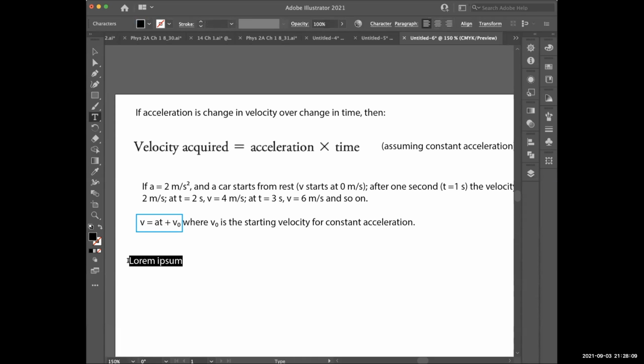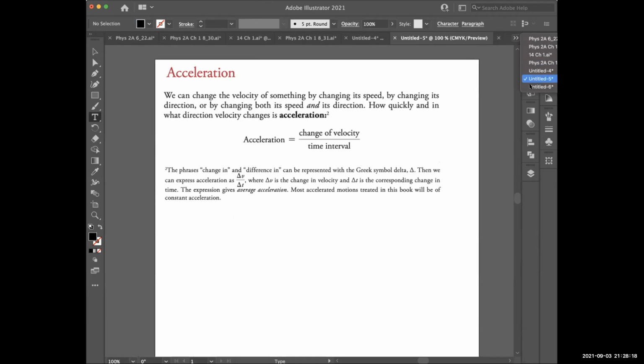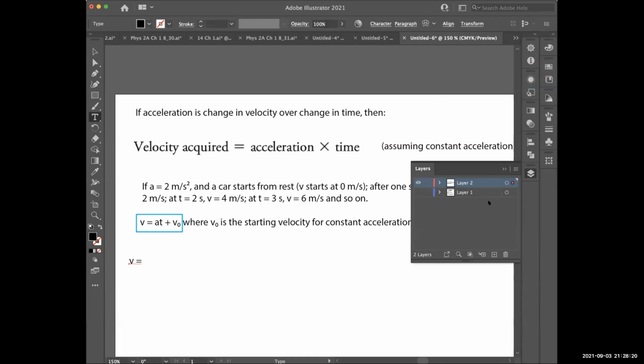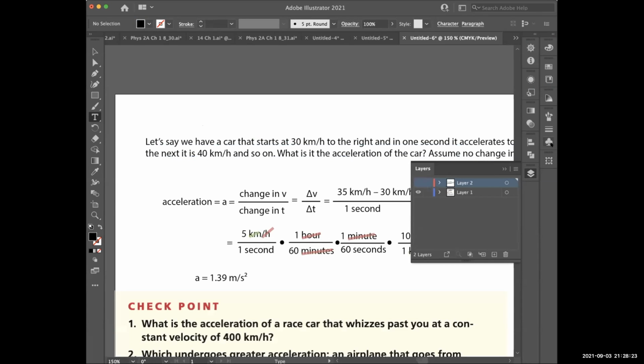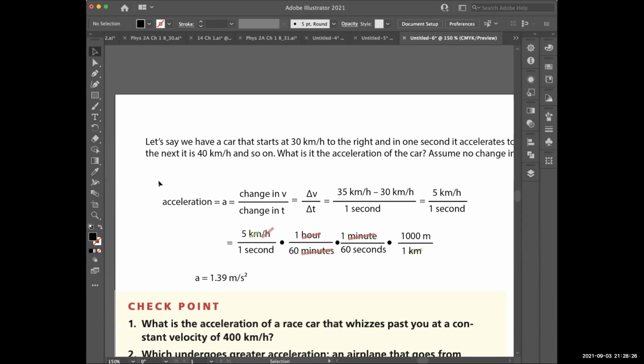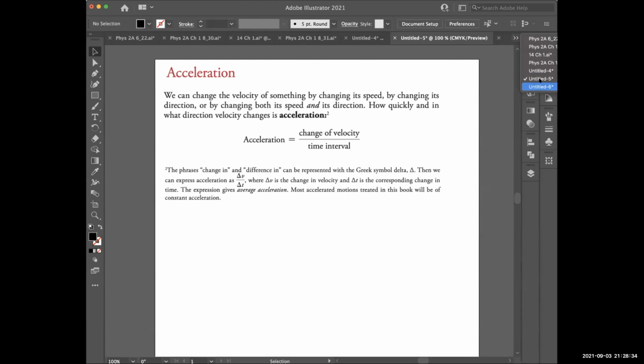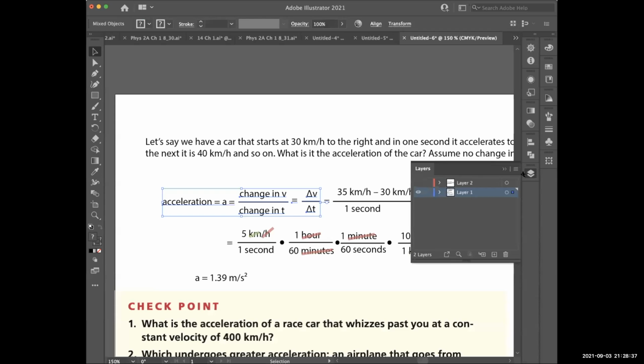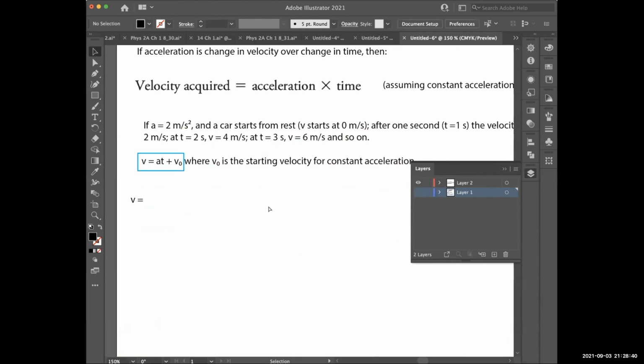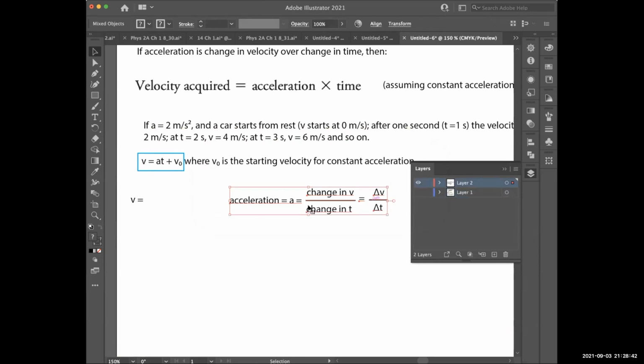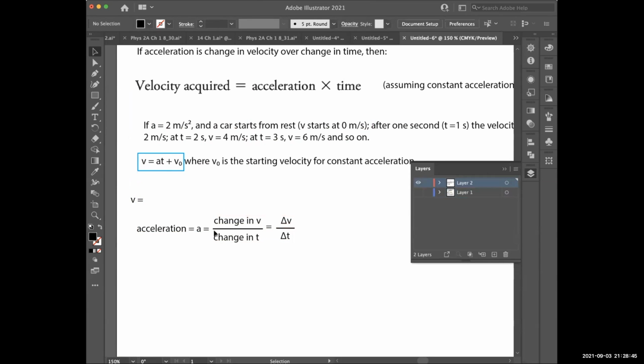Mm-hmm, right. So it's going to be equal to, let me steal what I had from here. Just like how acceleration is this right here.